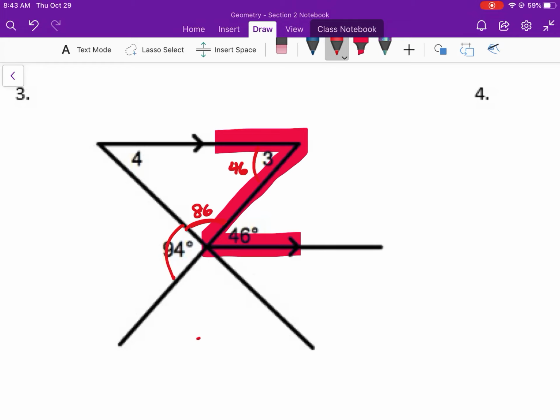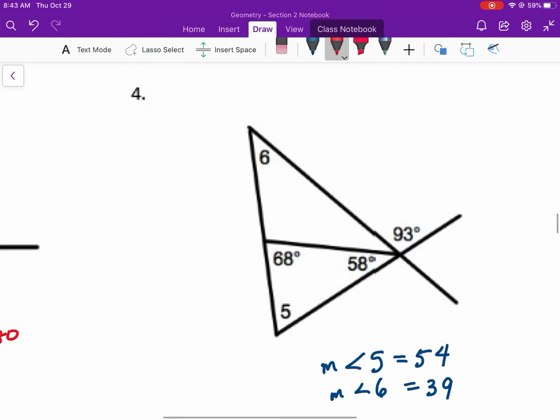So then 86 plus 46 plus angle 4 has to equal 180. So you can find that as well. And then over here, I tell you the answers, but I'm not going to tell you what to do. So if you want to try that one on your own, angle 5 is supposed to be 54, I believe, and angle 6 is 39. All right, good luck.